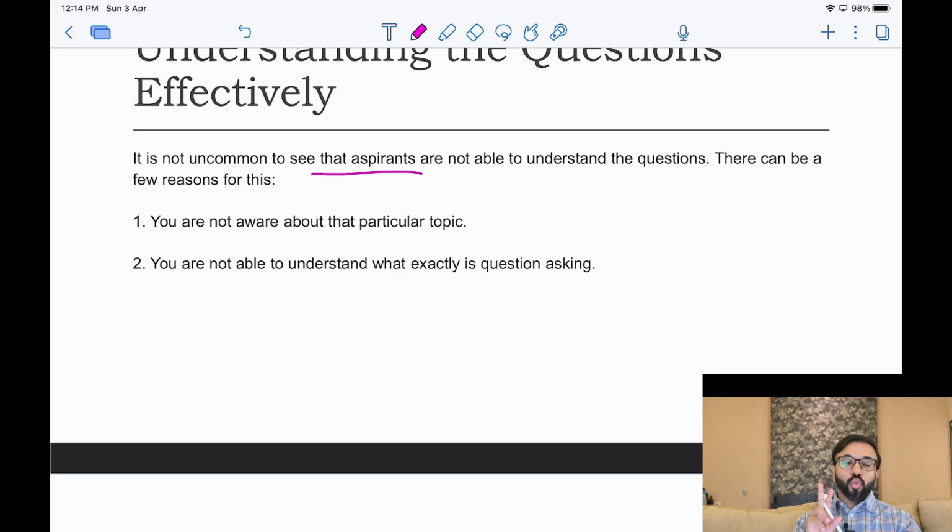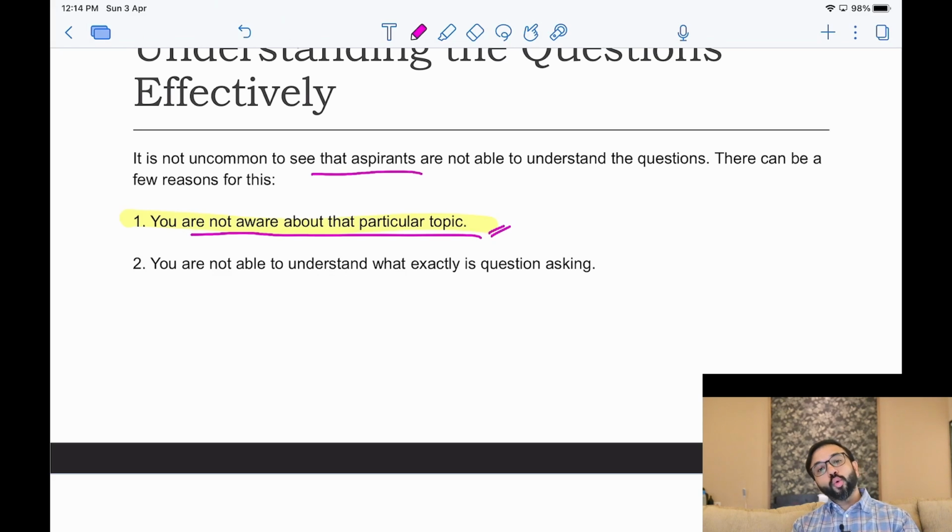And there are only two reasons for why this happens. The first reason is that you might not be aware of the topic only, that what is the question asking about. You might not have studied it, it might be from outside the syllabus, or it might be a little difficult for you to remember what you study about it. You might not be able to relate it to the syllabus. So all these reasons might actually contribute to you not knowing that particular topic.